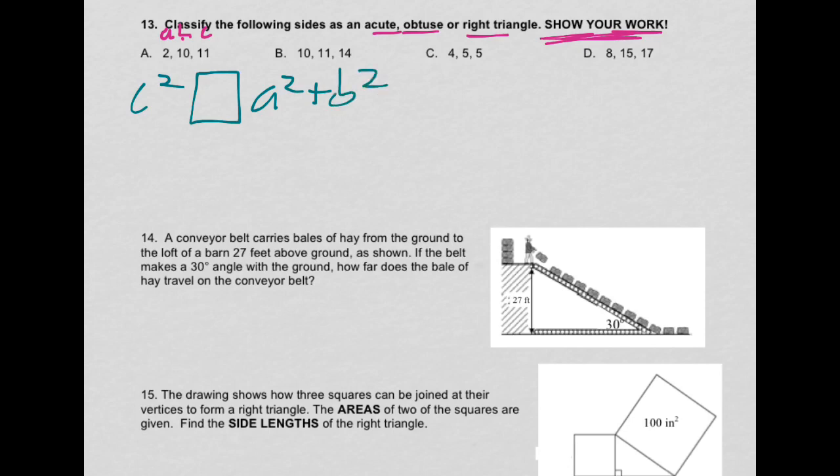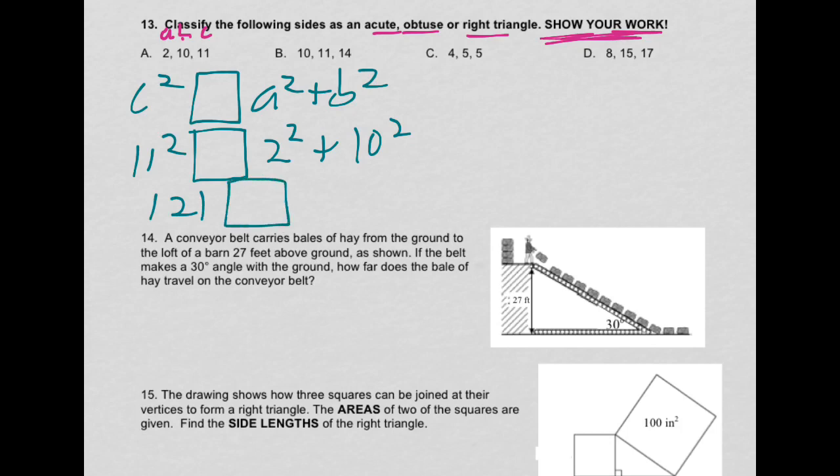In this case our c squared is 11 box a squared is 2 squared plus b squared is 10 squared. And so we get 121 box 4 plus 100 because it's just 10 squared. All right, so is 121 greater or less than 104? Well, of course the answer to that is 121 is greater than 104.